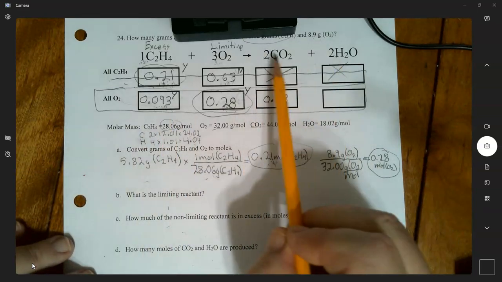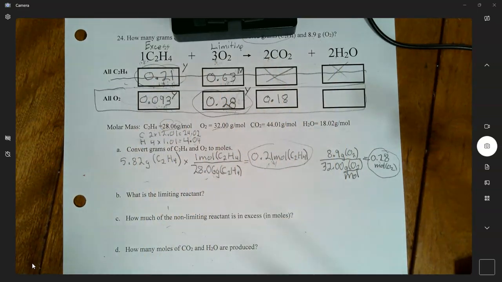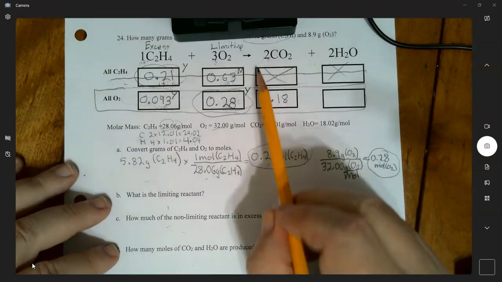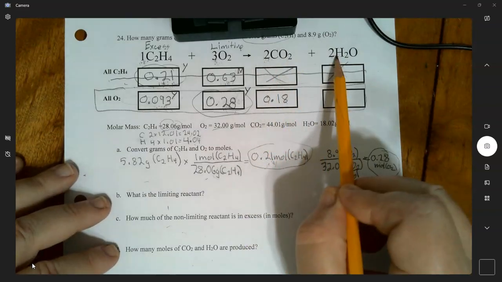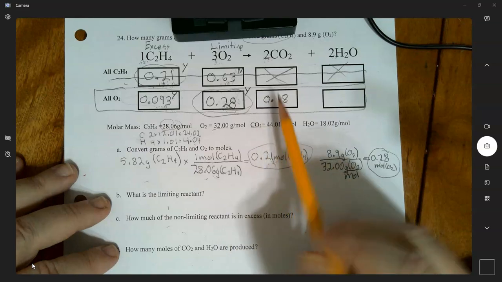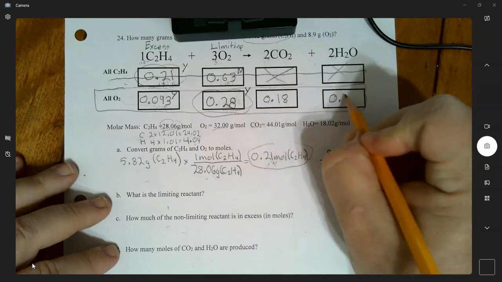Remember, these aren't specific numbers of moles. They're relationships of how many moles you have of one reactant or product for how many moles of another one. Now, since these 2 coefficients are the same, then this number has to be the same as this one, and that's 0.18.